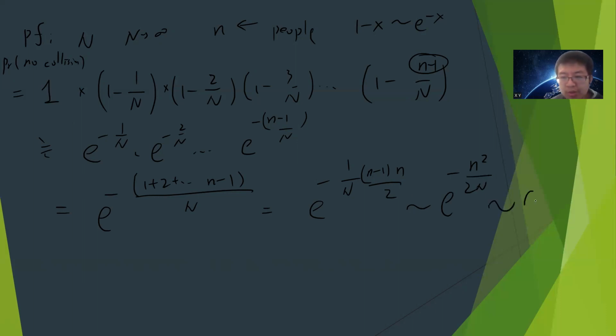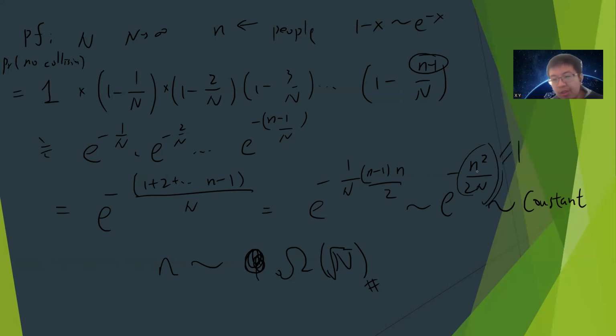In order for this to be constant, we need to choose k on the order of square root of n. For example, if I want this exponent to be 1, then k squared is about 2n, so basically it's on the order of square root of n.